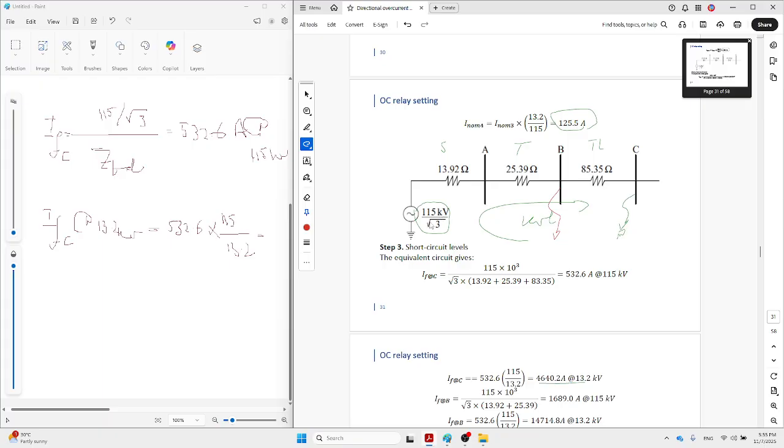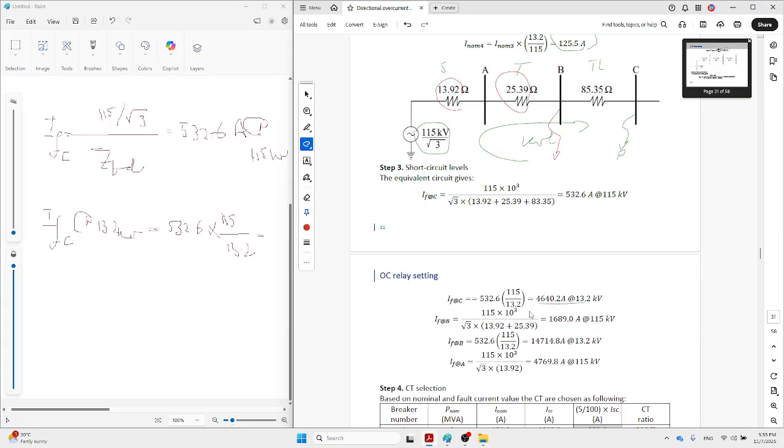This is the voltage source. We have this impedance plus this impedance, and finally the fault current at B is 1689 for 115, which is around 14,715. Okay, it's quite big. You can ignore that one.